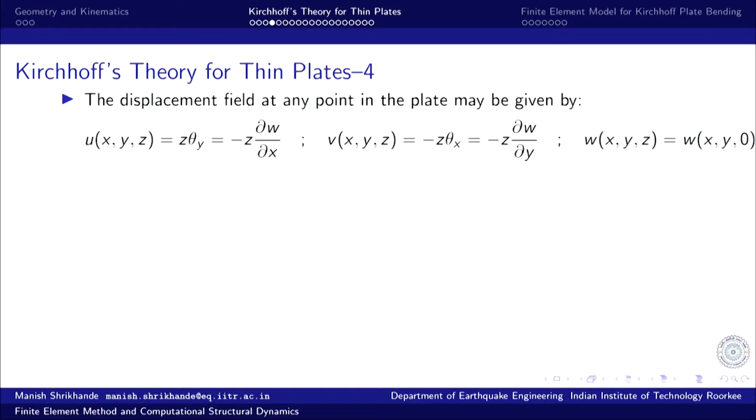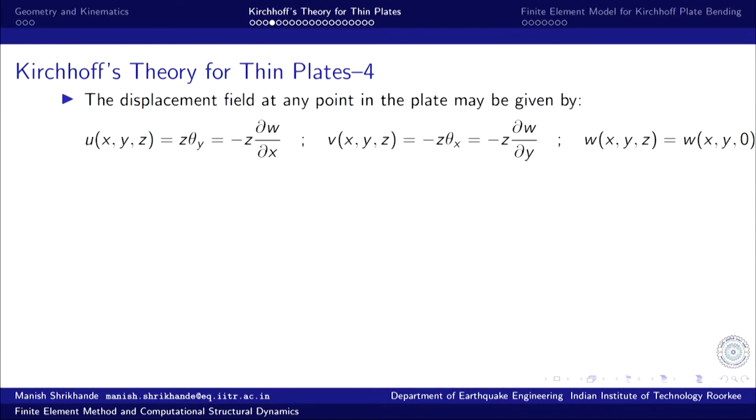If we substitute from the Kirchhoff constraint, these section rotations can be represented in terms of the derivatives of the deflected shape, so the u component displacement is proportional to the partial derivative of the deflected shape with respect to x, and similarly the v component displacement is proportional to the partial derivative of w with respect to y.